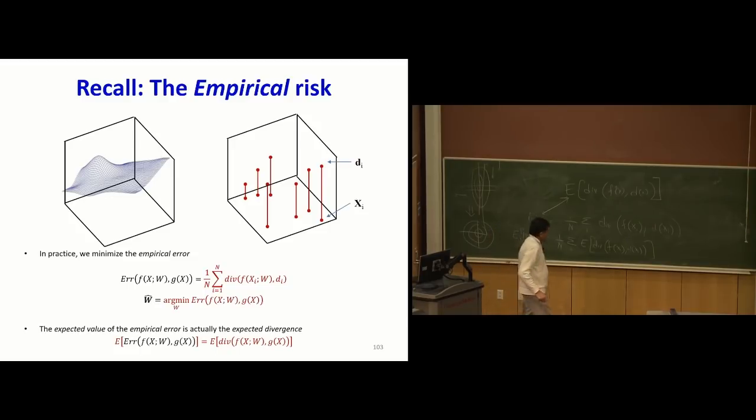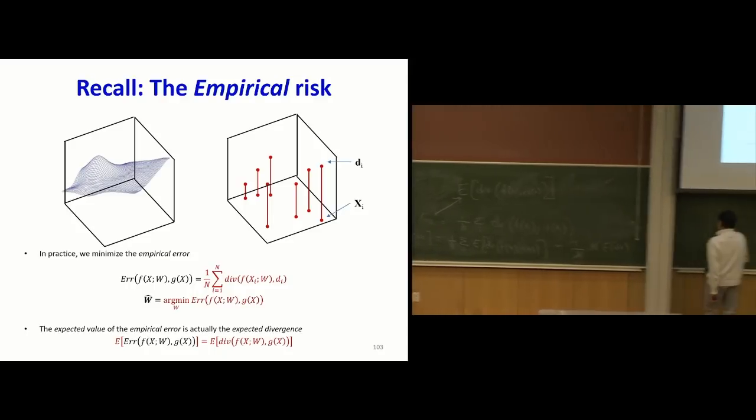I'm treating the samples as a random value. So this is going to be 1 over n times the expected value of the divergence, and the n's cancel out. So this means that the expected value of the loss is the true loss, the actual loss that I'm trying to minimize. All is fine, right? What about the variance of the loss? Everybody get what I'm doing over here, right? This is easy. Now what happens when I have the variance of the loss?